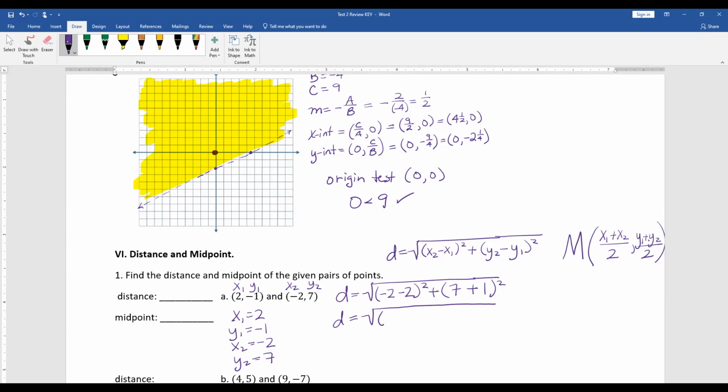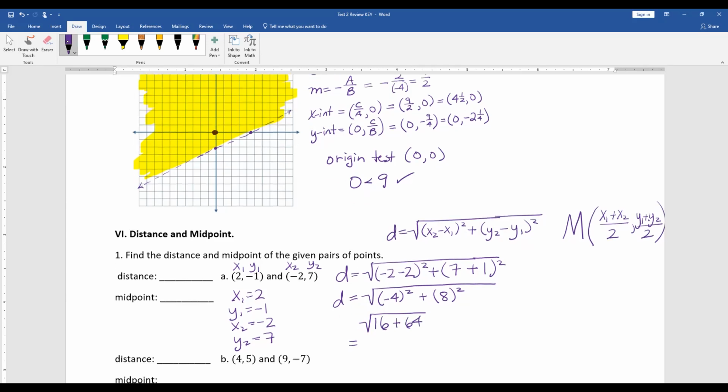What's -2 minus 2? -4. So either keep your parentheses, or no matter if it's negative or positive, just turn it into a positive. Because this is -4 times -4, which is positive 16. And 8 times 8 is 64. And 16 plus 64?